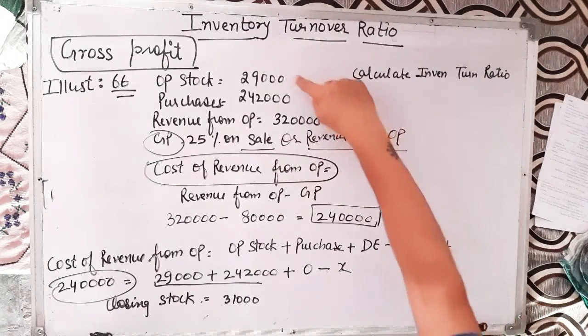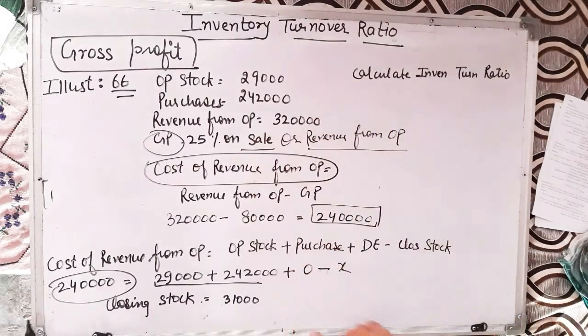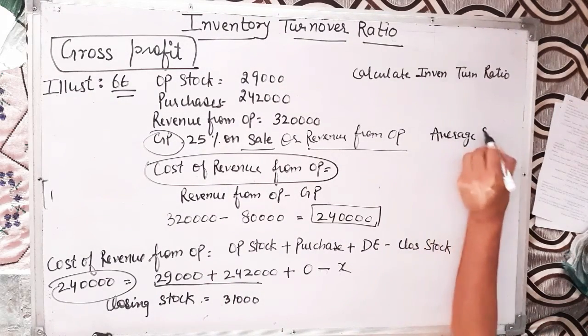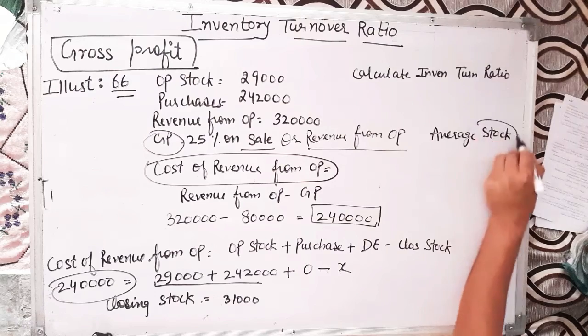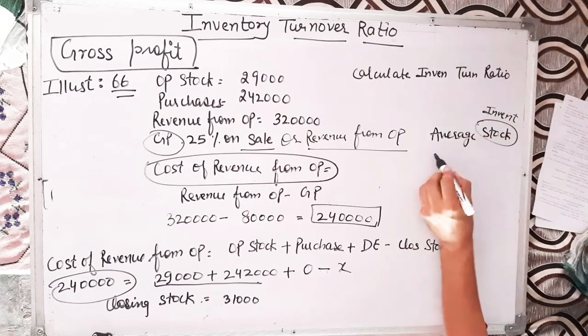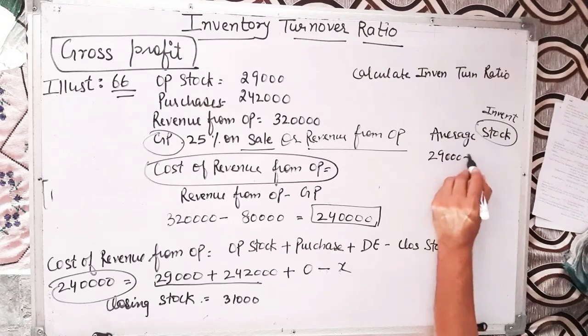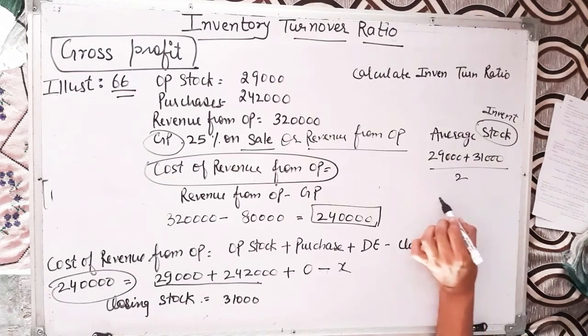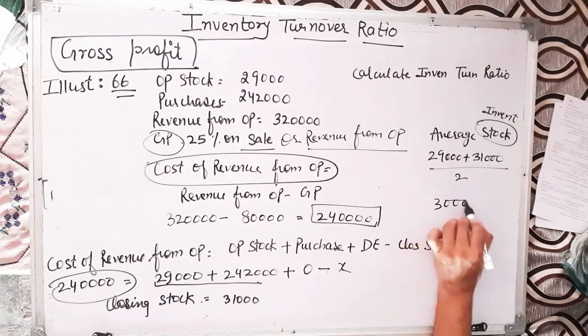Now we have opening stock and closing stock, and we will find out the average stock. Average stock is the average inventory. 29,000 plus 31,000 divided by 2 is equal to 30,000. Okay.